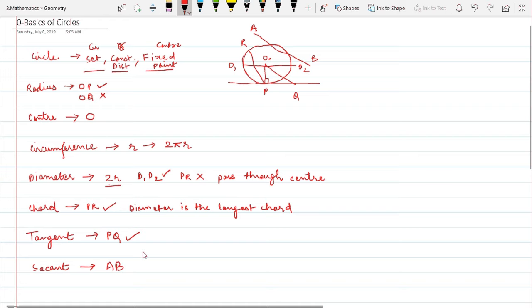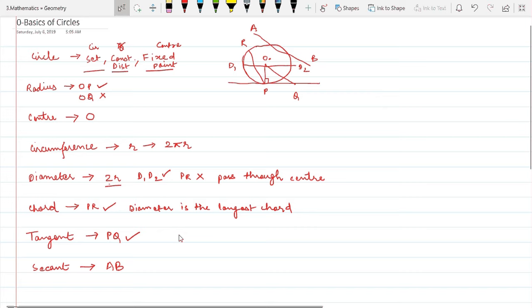I hope the basics of this chapter are clear to you because we are going to study some higher order concepts here. Let's revise quickly once more. What is a circle? A circle is a set of all points that is at a constant distance from a fixed point. What is radius? The constant distance that we spoke about in the definition of a circle is the radius.